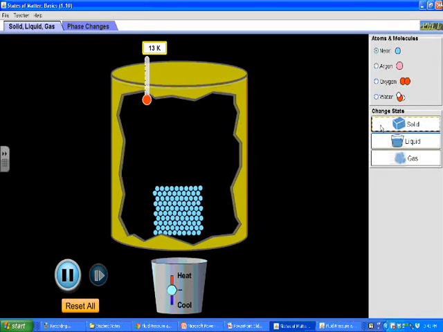What does that tell us? What is the relationship then between temperature and the energy of particles? Now, these particles have kinetic energy. That's what it's called, because kinetic energy is the energy of movement. So each particle has a certain amount of kinetic energy. So how is that related to temperature?